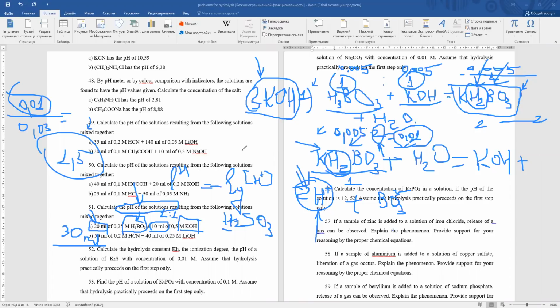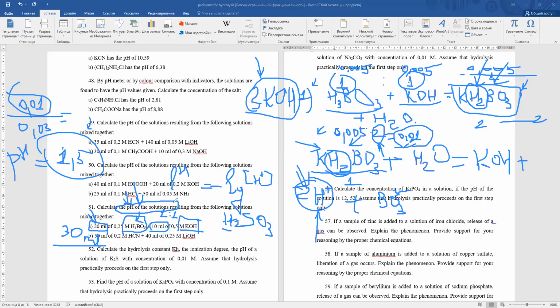No. So the answer of this is 0.33. Then to find the pH, I have to do the logarithm. The logarithm of 0.33 is 1.5, which will be the pH. Now I get it. Yes, the answer is 1.5. That's why I'm telling you.